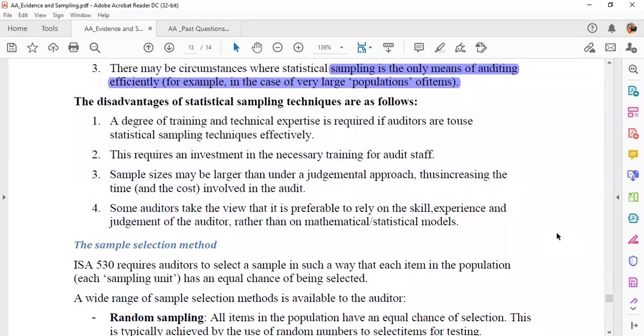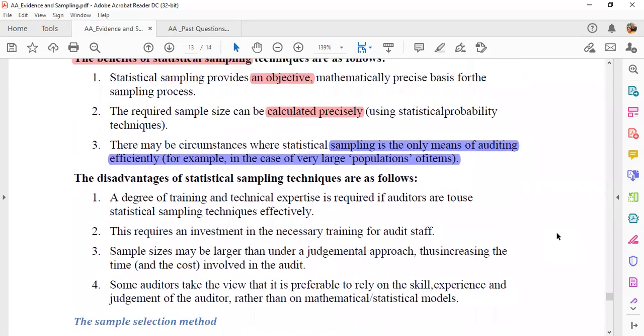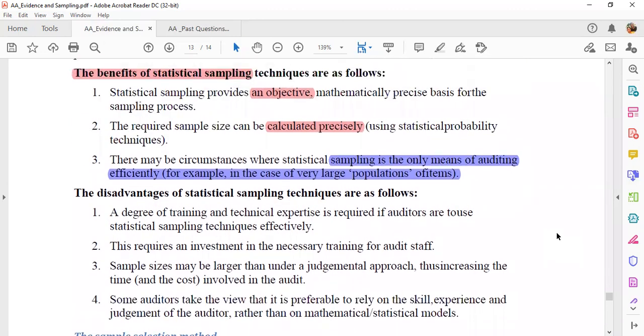Everything that has advantage also has disadvantage. Disadvantage of statistical sampling: a degree of training and technical expertise is required if the auditor is to use the statistical sampling technique very well.